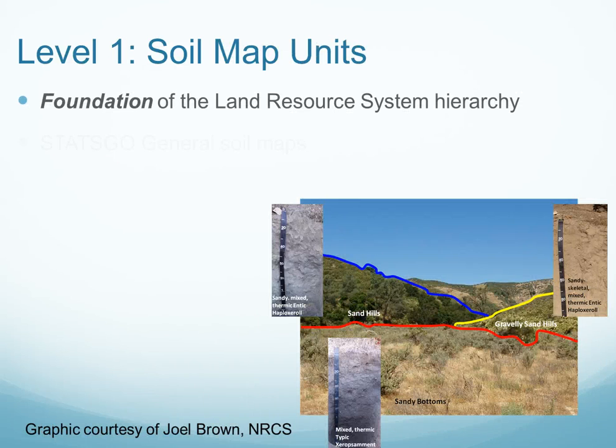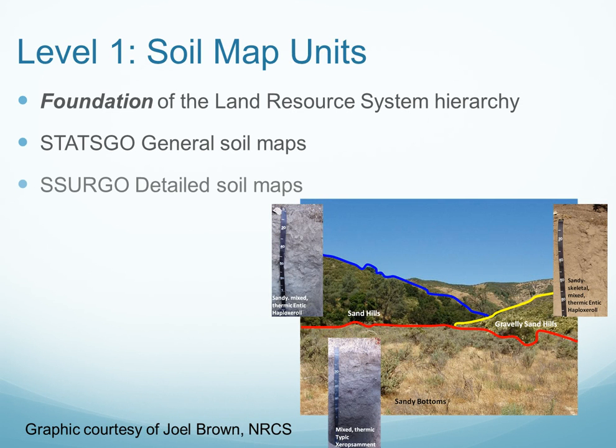The lowest level in this hierarchy are the soil map units, and these are the foundation for the land resource system hierarchy. StatsGo and SurGo provide the information for mapping either at a general or at a detailed level of soil map units.